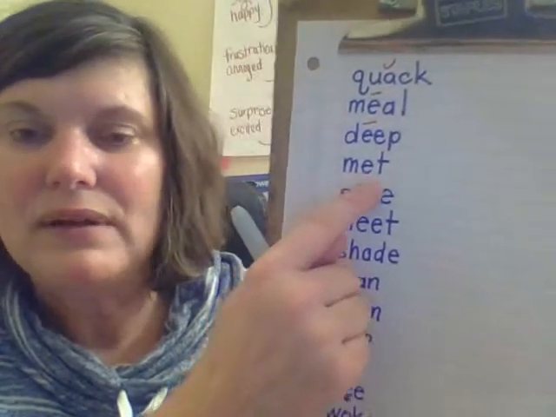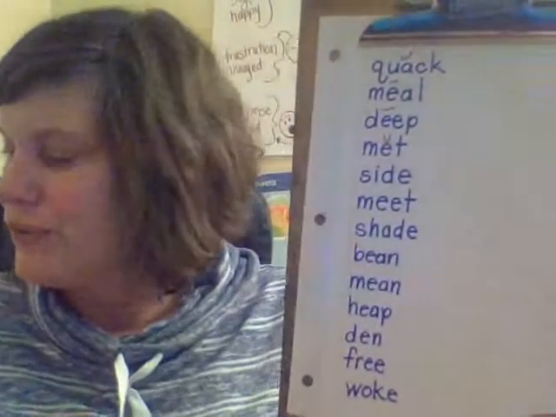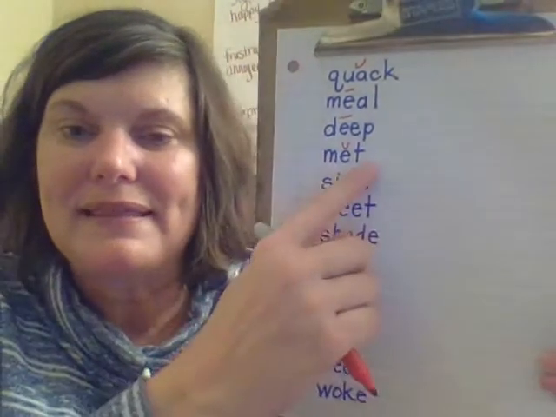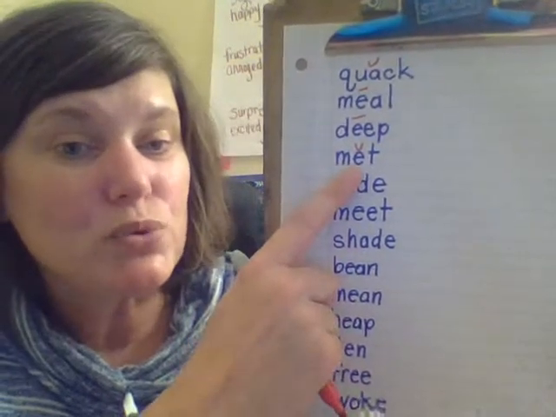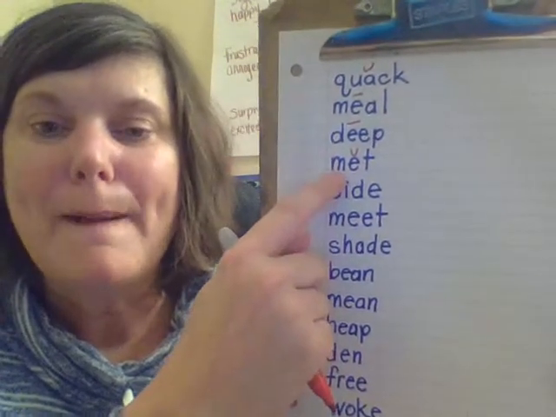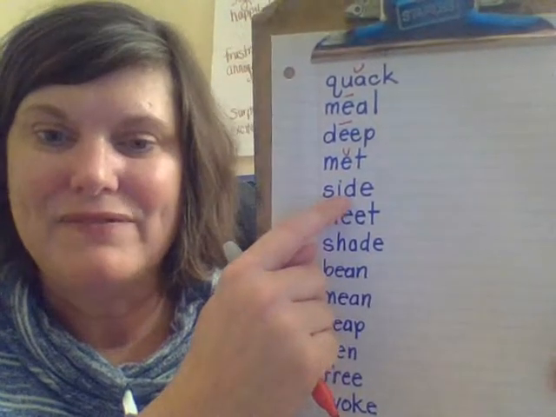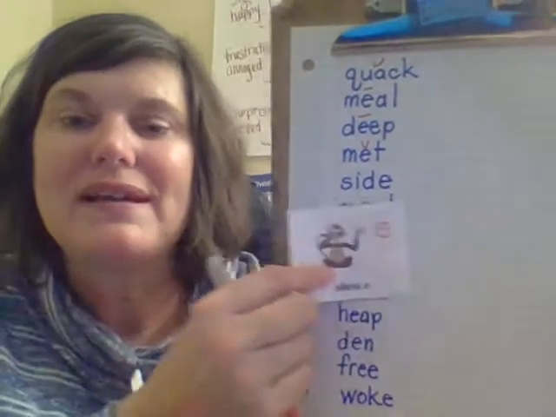So vowel, consonant. So a closed syllable type because the T, the consonant, is closing in the vowel. So this makes a short E sound. Ready? Met, met. Okay. Vowel, and then what do you notice at the end of this word?